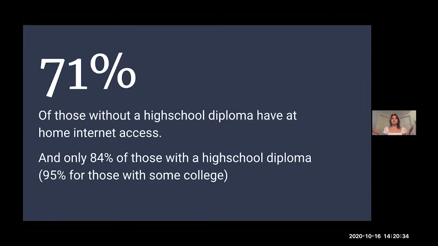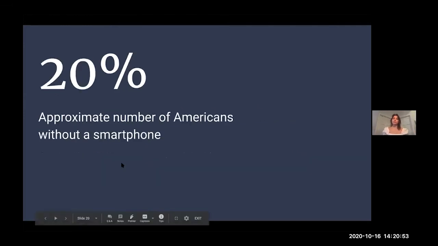That's a bunch of customers that you're not going to be able to get feedback from if they buy a piece of hardware, because how are they going to interact with you? But that also means that that's 30% of these individuals that won't be able to get into tech, that won't be able to come in and build with that "I" mentality of what design and what process would work best for them. And then 20% is about the number of Americans that do not have a smartphone.